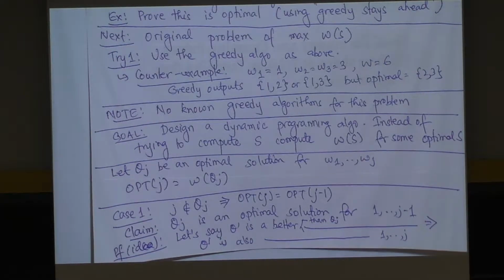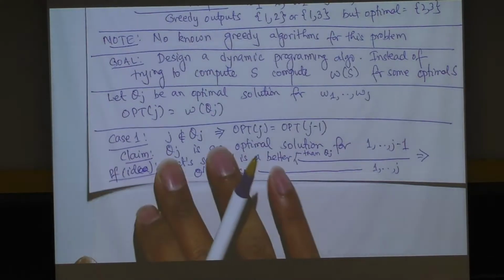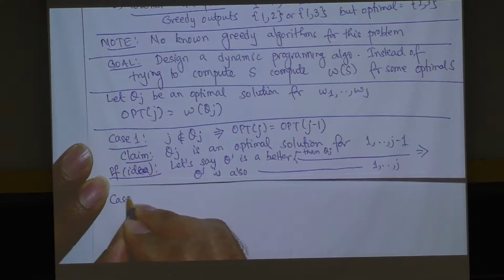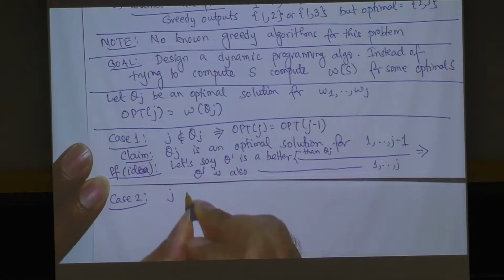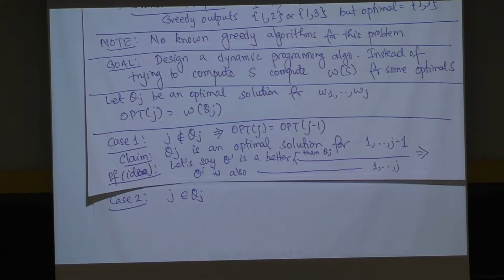All right, so let's look at the second case. So let's say now that j is indeed in the optimal solution. And so, like in the weighted interval scheduling problem, we'd like to argue something about the subset of numbers where you drop j from O of j.